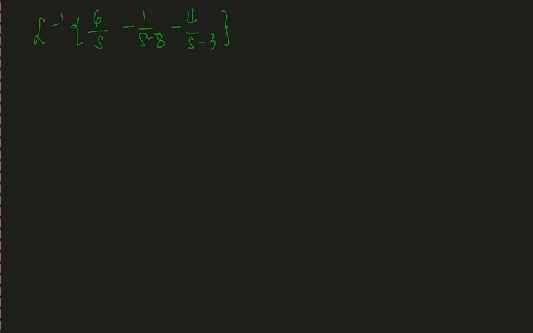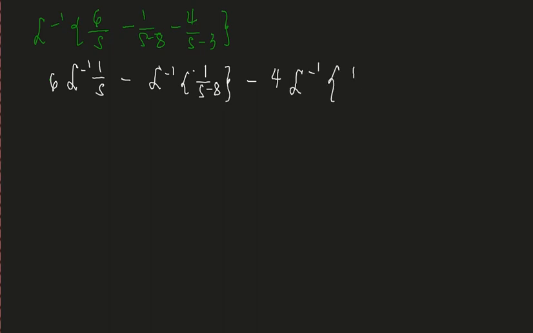So, pwede siya naton i-distribute ang aton nga symbol. So factor out ko na lang daan the constants. So this will be equal to 6 times inverse Laplace transform of 1 all over s, minus inverse Laplace transform of 1 all over s minus 8, minus 4 times inverse Laplace transform of 1 all over s minus 3.